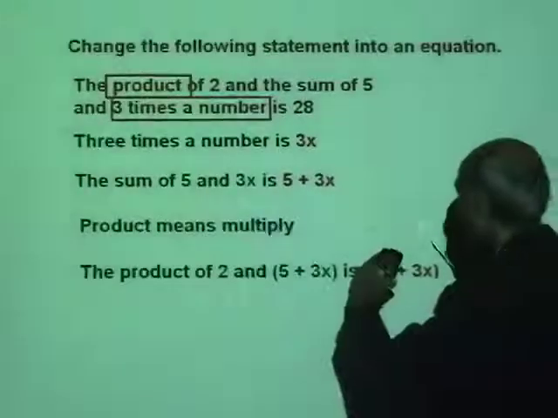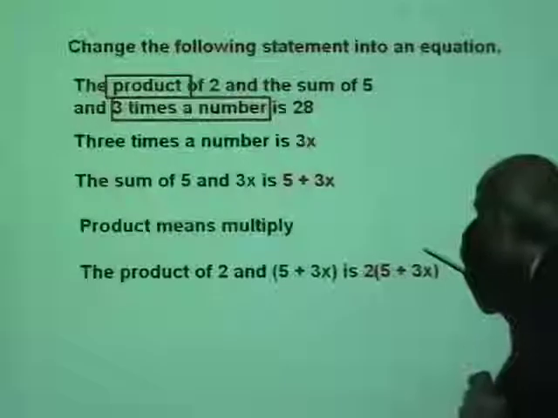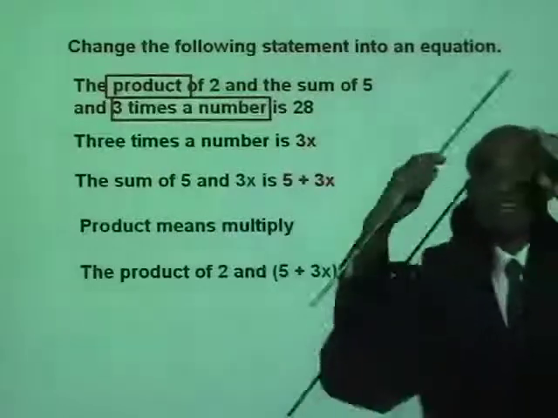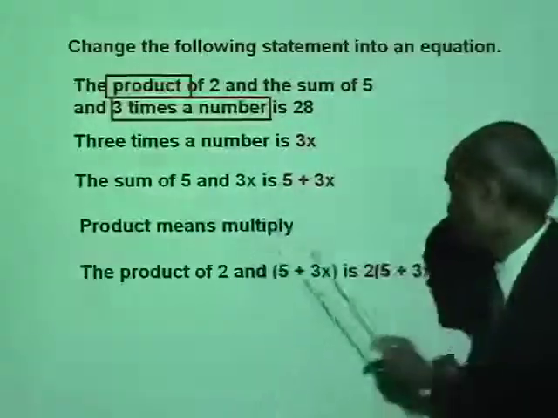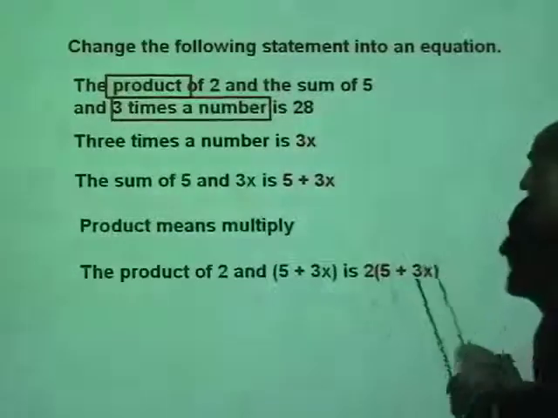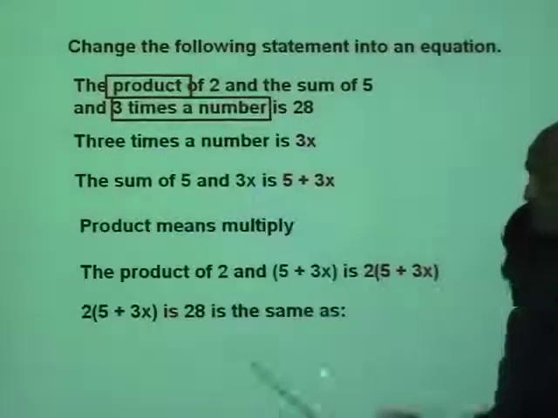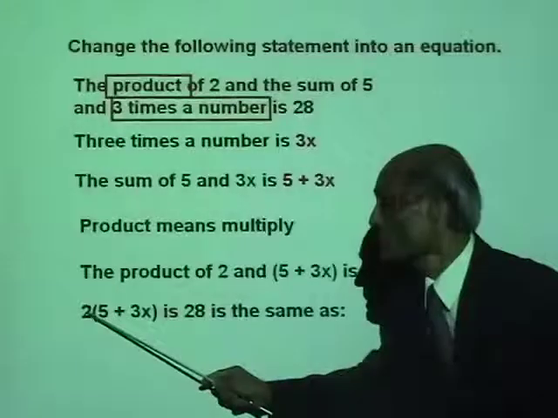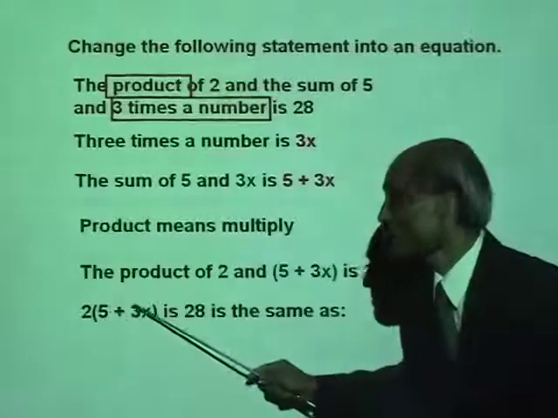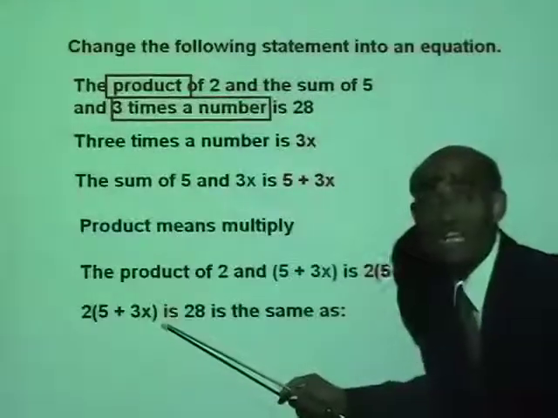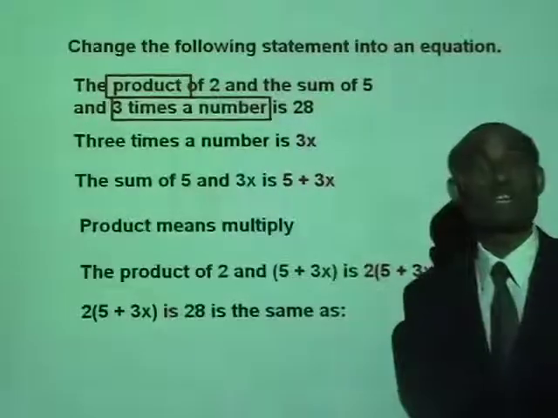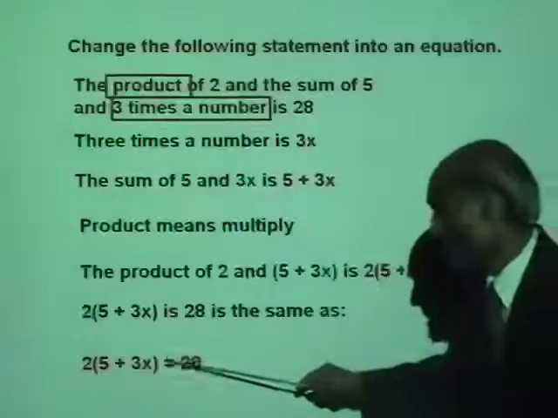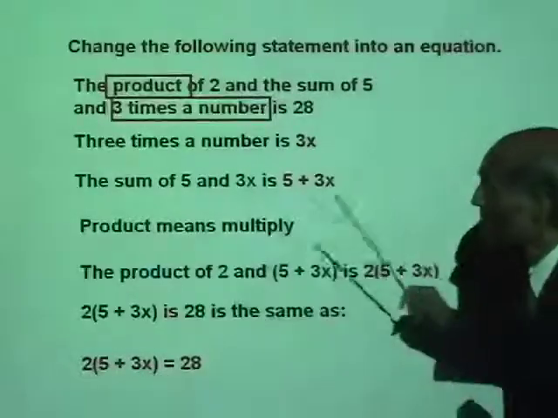You know how important it is to have that quantity in parentheses. You are multiplying 2 by a quantity, you must have that in parentheses. So, we now have 2 times (5 plus 3x) is 28. All we need to do is replace the "is" by the equal sign, and we have the equation.